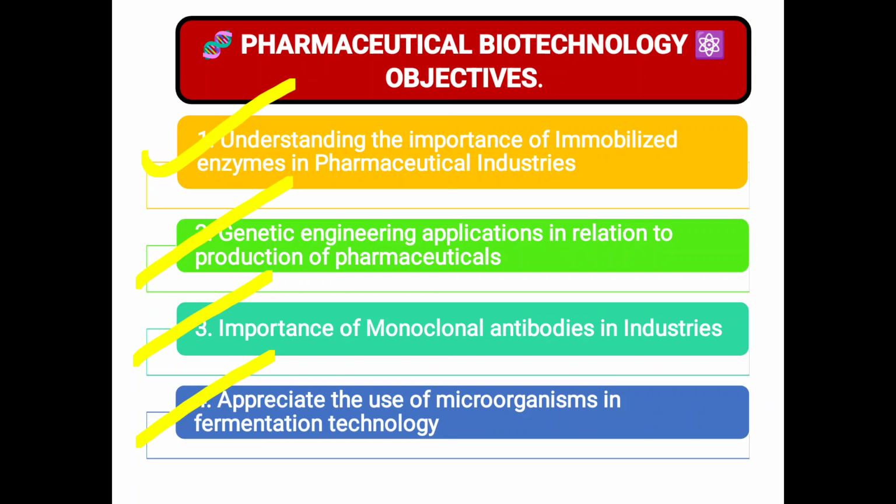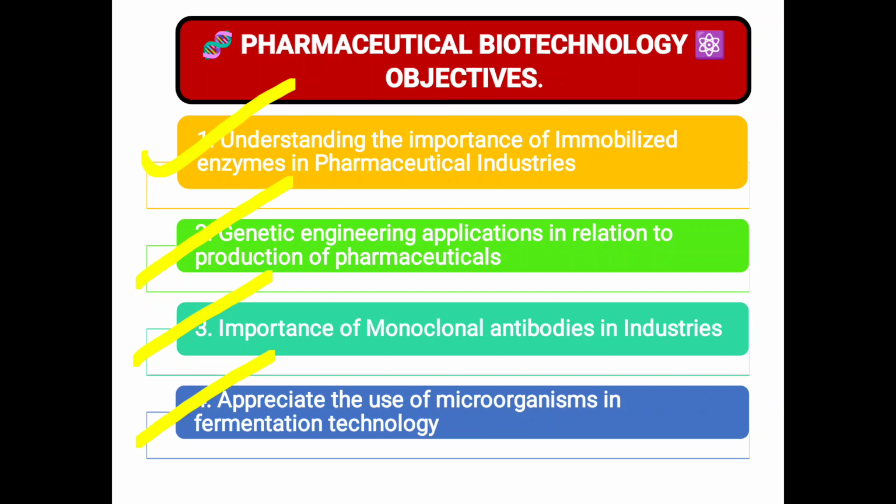So the first objective is understanding the importance of immobilized enzyme. Immobilized means prevention of mobility, movement of the enzyme, restricting the enzyme to a particular site, so that it can help in reuse of that enzyme. Second, genetic engineering is helpful for development of insulin, as well as treatment of defective genes, gene therapy.